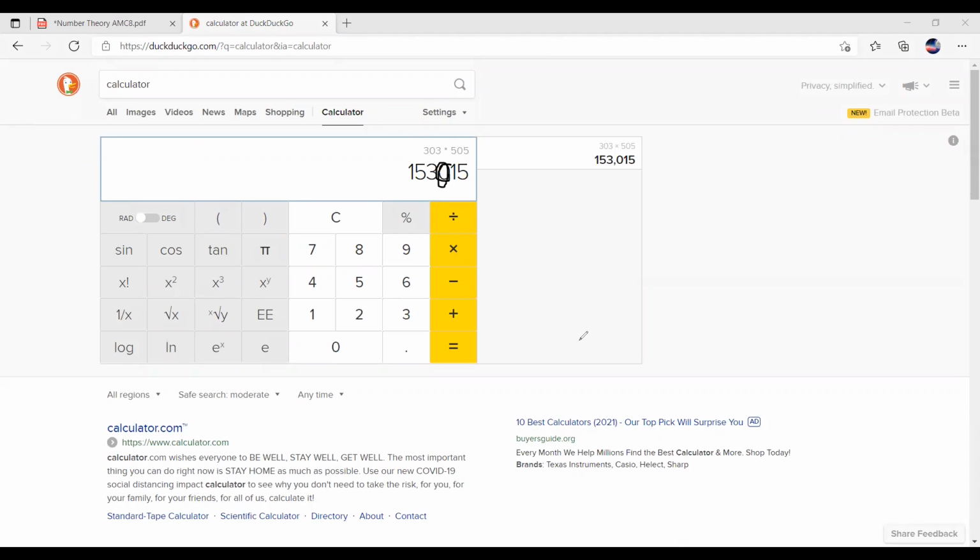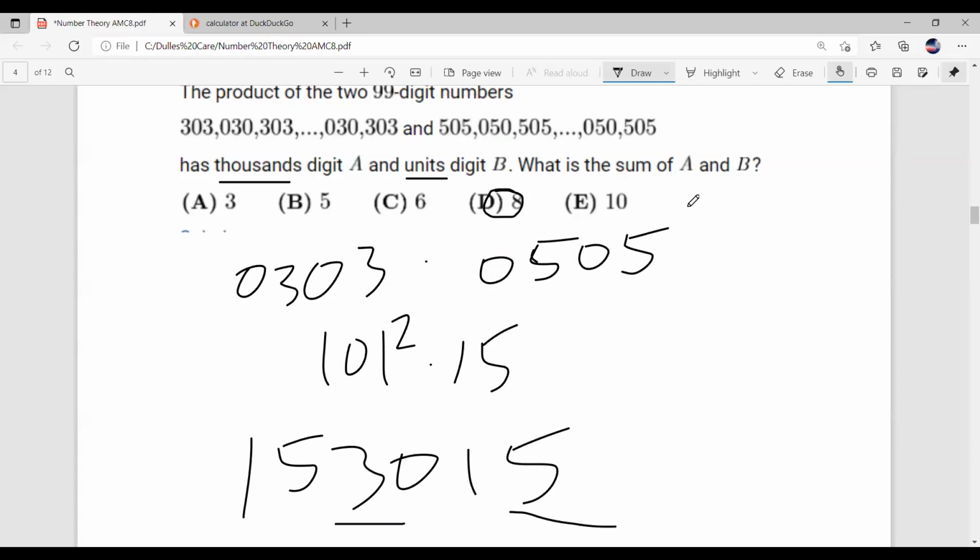So to go over some stuff, if we have 3015, the 3 is in the thousands digit, the 0 is in the hundreds digit, the 1 is in the tens digit, and 5 is in the units digit. Yeah. So as I said, the easiest way to multiply these two numbers together would be doing 101 squared times 15, since we know that 101 squared is 10201 times 15, and then it's significantly easier.